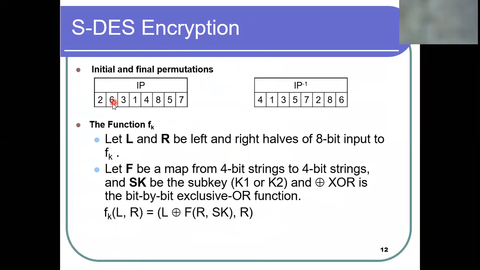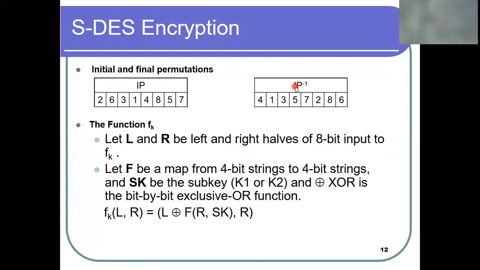You can see the initial permutation maps 10 bits onto 10 bits. The second bit will be placed on the first position, and the sixth bit on the second, and the third remains on the third, and then the first bit on the fourth position, and then the fourth is placed on the fifth position, and then the eighth is placed on the sixth position, and then the fifth is placed on the seventh position, and finally the seventh is placed on the eighth position.